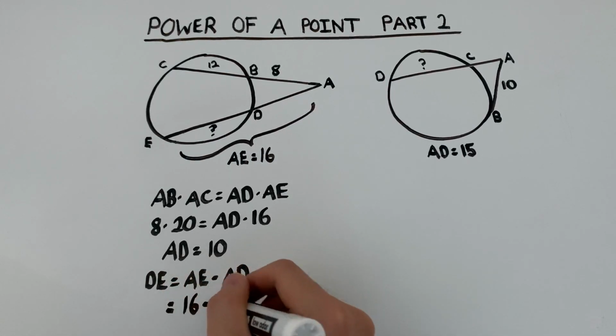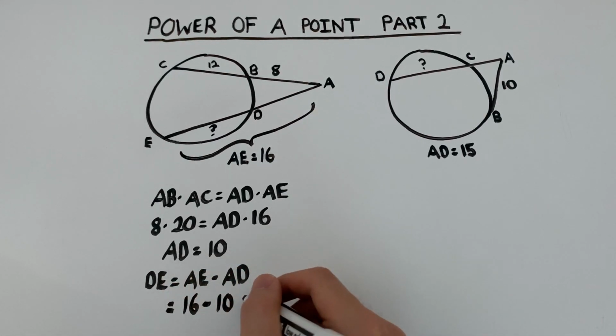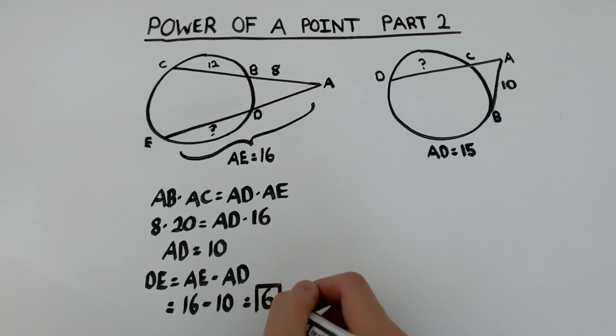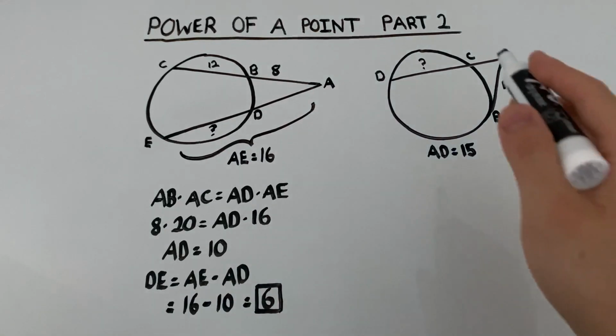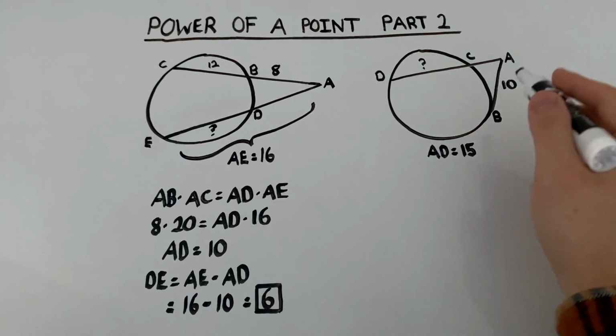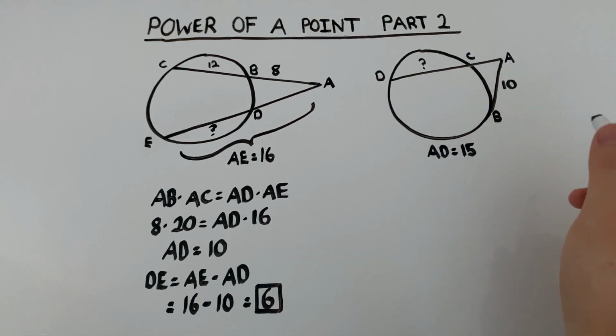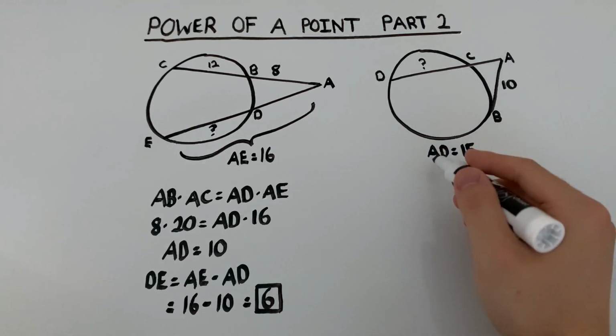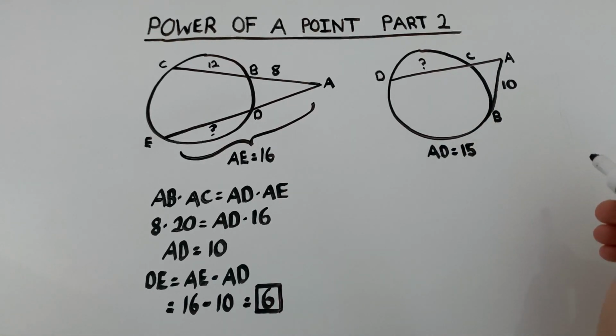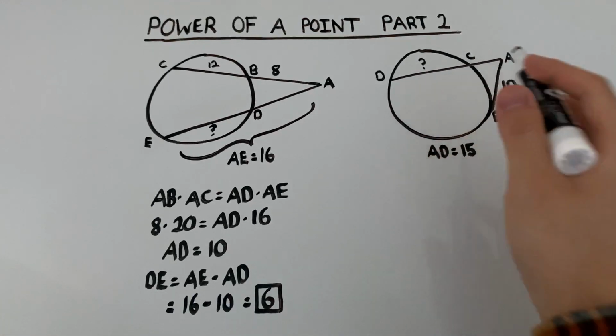And 16 take away 10 gives 6. Nice and simple. Let's go on to the next problem, which says AB is equal to 10 and AD is equal to 15. And we need to somehow find CD.